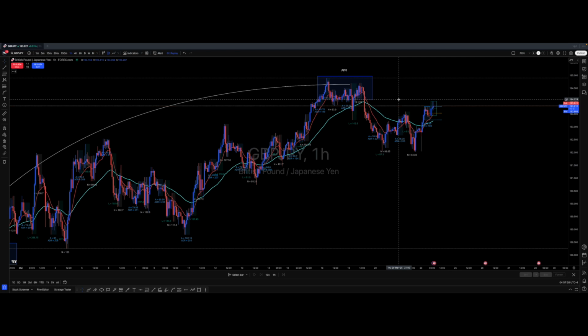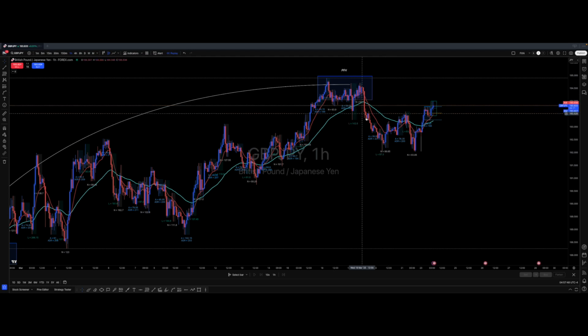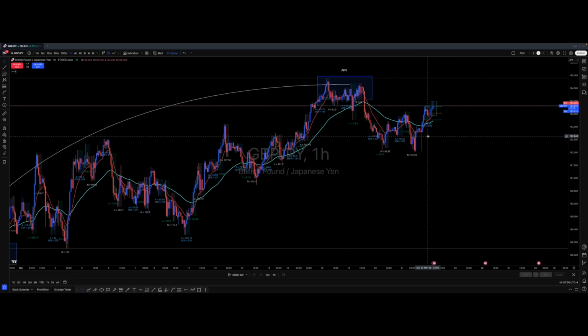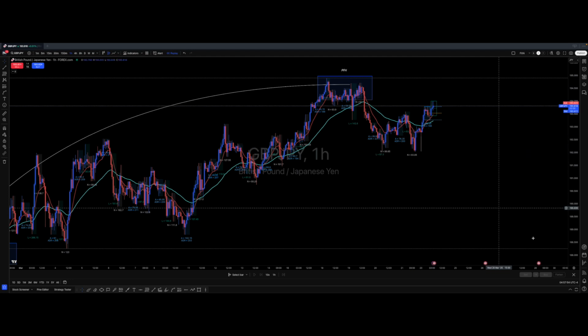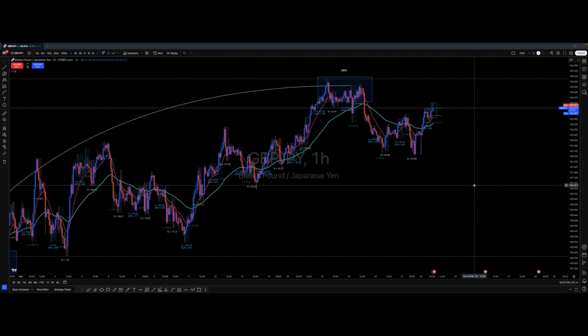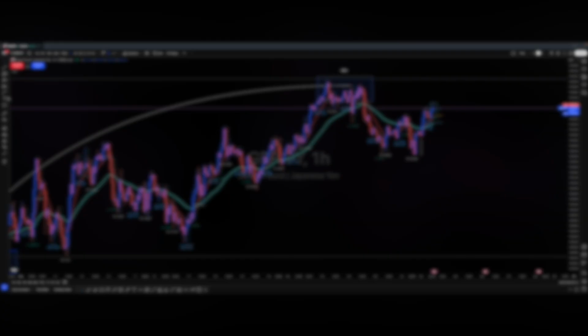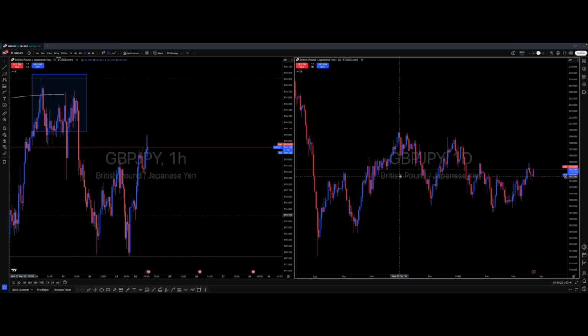Since we're talking about this pair, what are things that we could possibly do to see whether or not we're potentially looking for prices to reset to go higher? Very simply, you can bring in a higher time frame if you want. So here is the daily time frame.